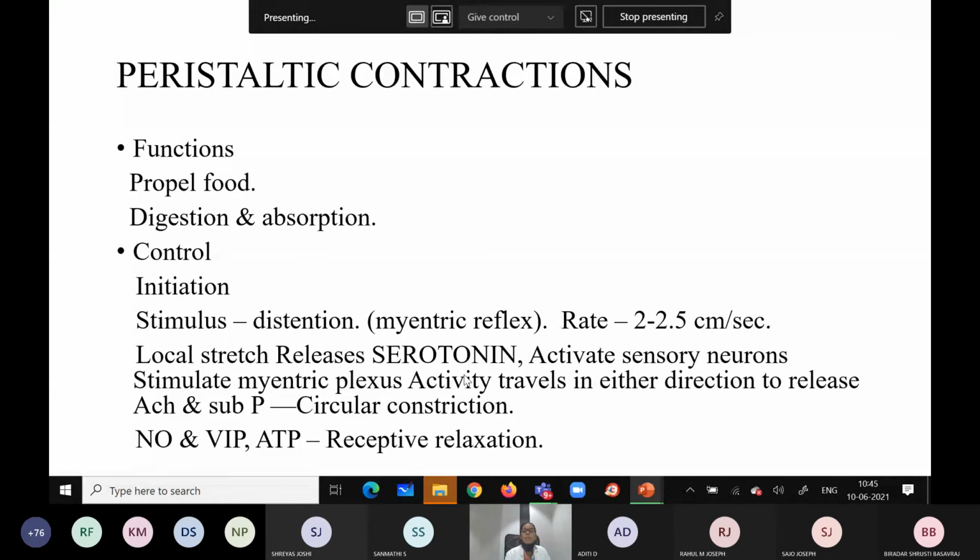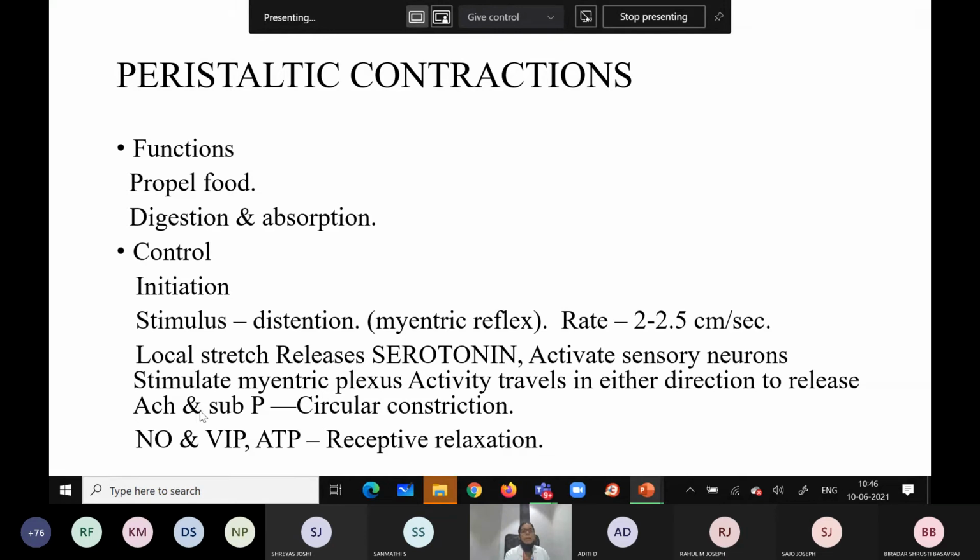Local stretch releases serotonin, which activates sensory neurons and stimulates the myenteric plexus. This activity travels in either direction to release acetylcholine and substance P, which cause circular contractions, and nitric oxide and vasoactive inhibitory peptide, which lead to receptive relaxation in front of the chyme.